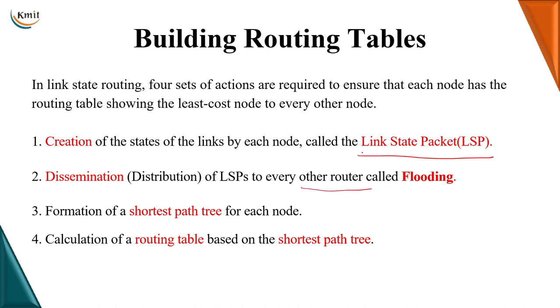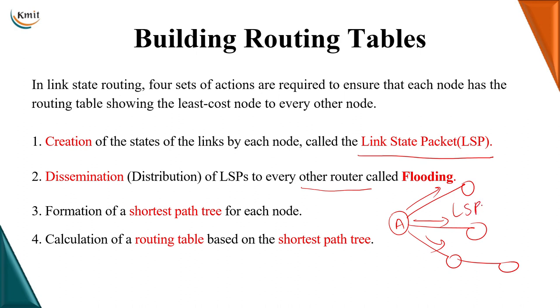Unlike in distance vector routing, where we were sharing the tables only with immediate neighbors, not with all the nodes in the network, here we send these LSPs to all the nodes in the network. We call this flooding. We are flooding the entire network with the LSPs, link state packets.